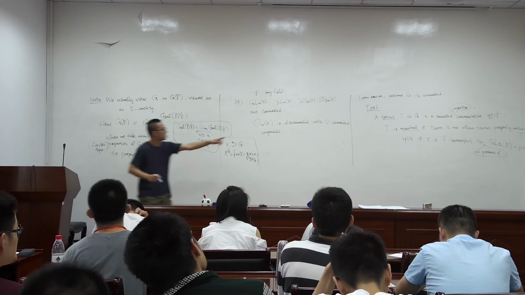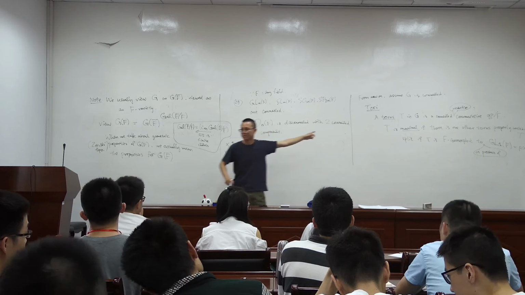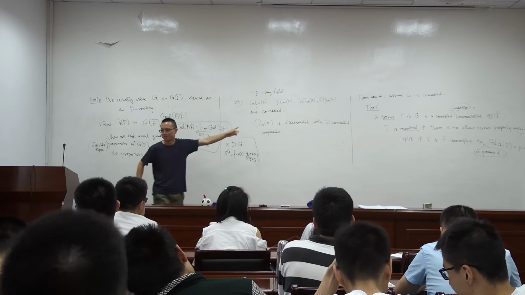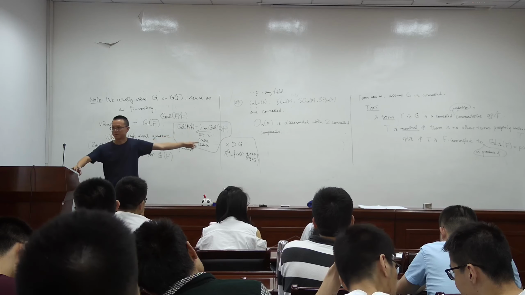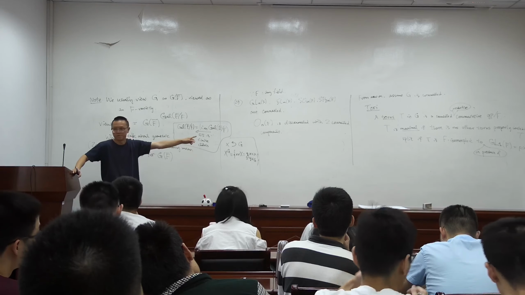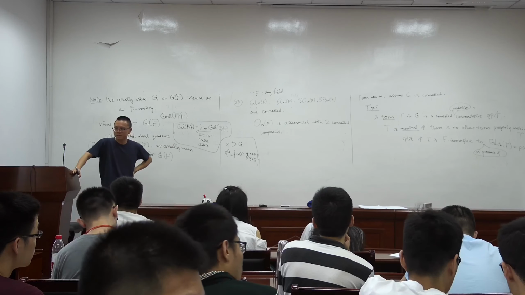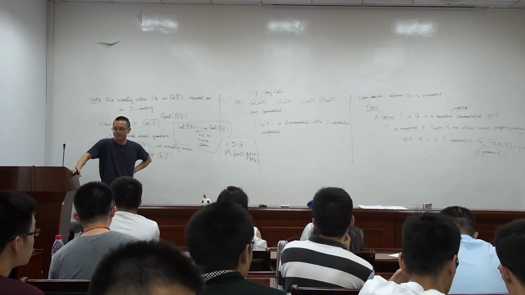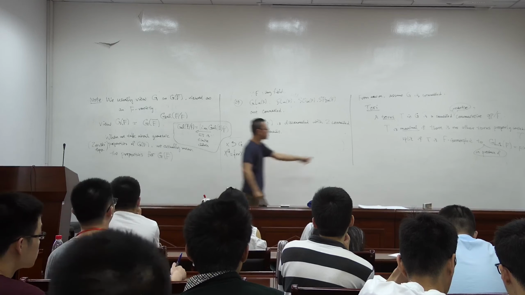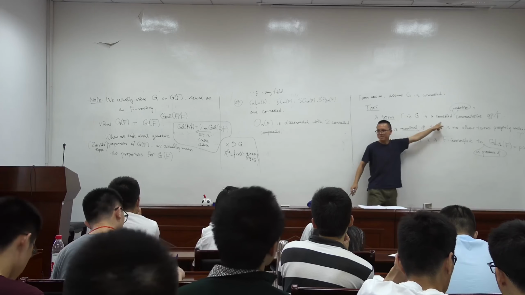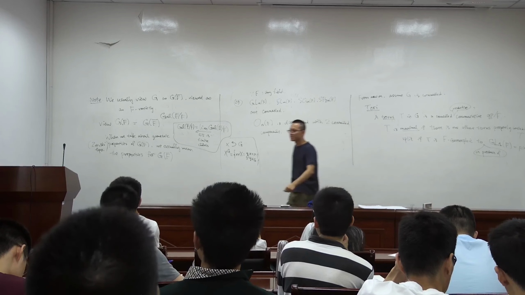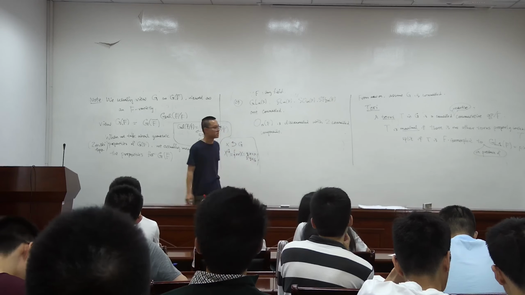But if I add this reductive condition, then it guarantees the torus is a product of GL1, the split one. Yes, if you add the reductive, it's okay.